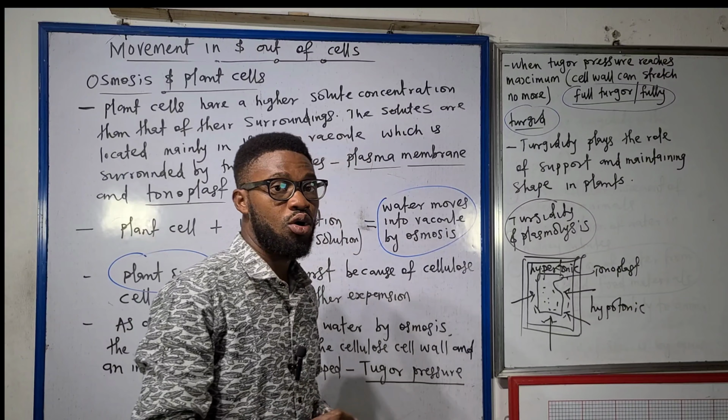So when you look at the kidney tubules or the nephron, generally water is being reabsorbed so that we maintain the right amount of water in the body, and much water is not lost in urine. So that's talking about osmoregulation, reabsorption of water in the kidney tubule so that the water doesn't go into urine.